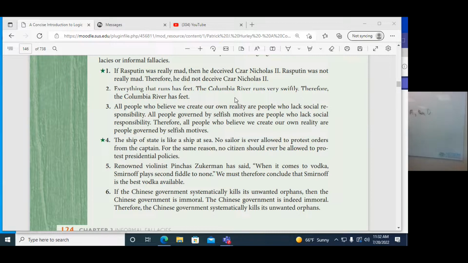Now, a proper modus tollens will negate the consequent on the second line, right? And this is technically our second line. Rasputin was not really mad. So what we're doing actually is negating the antecedent instead. So we're going not M, therefore not D.